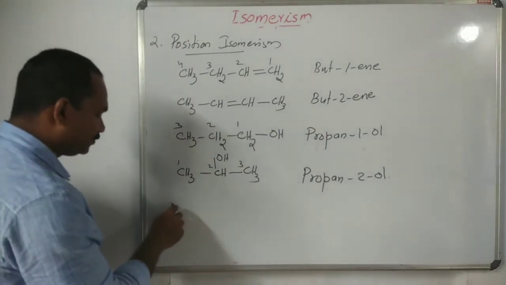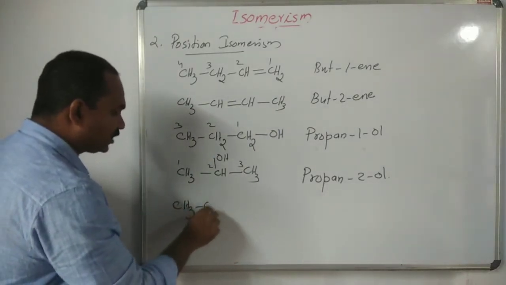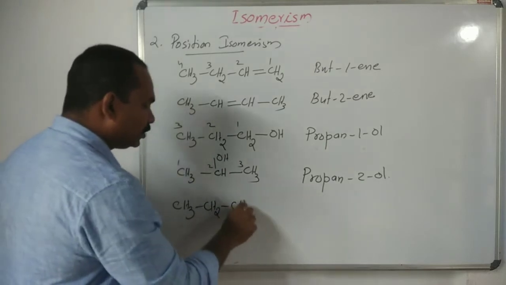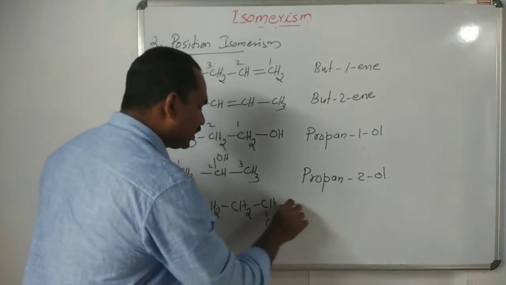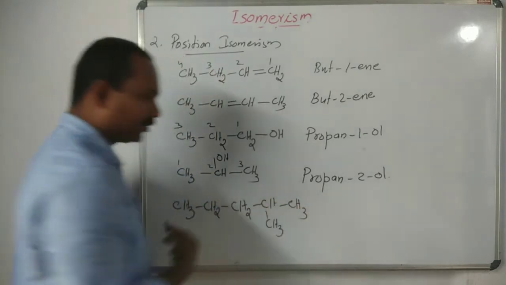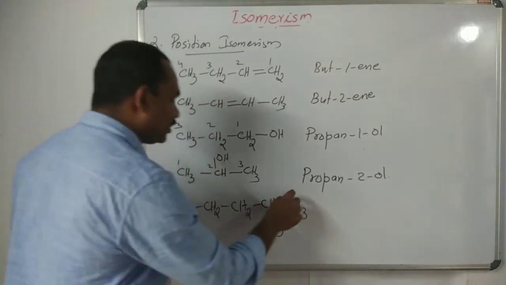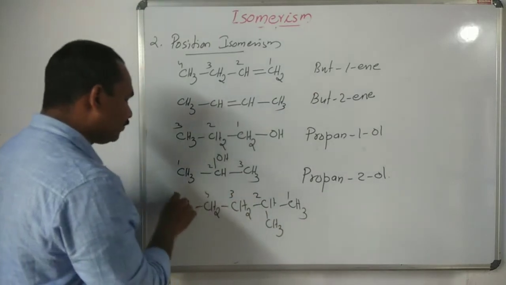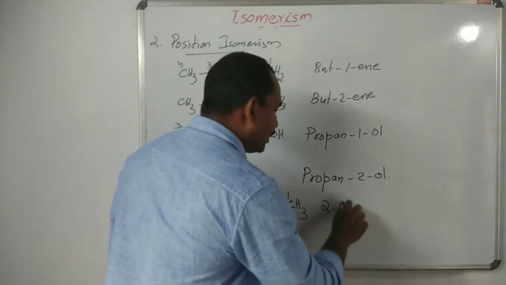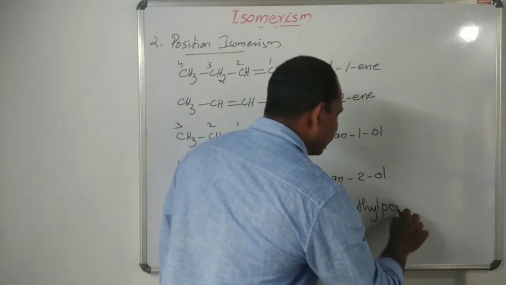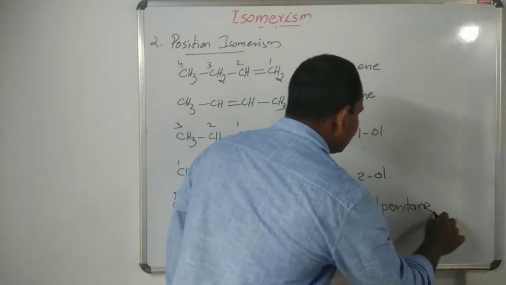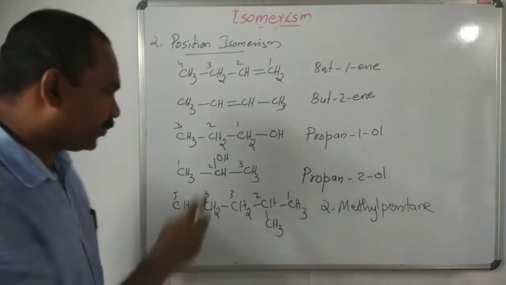Another example. CH3, CH2, CH2, CH, CH3, CH3. Starting from number 1, 2, 3, 4, 5, it is 2-methylpentane. 2-methylpentane.